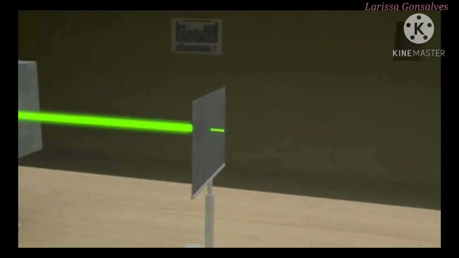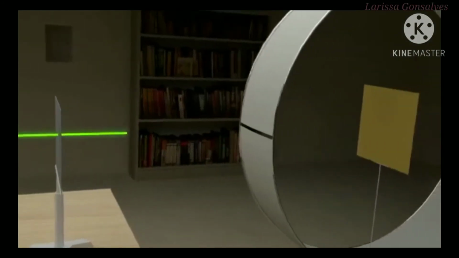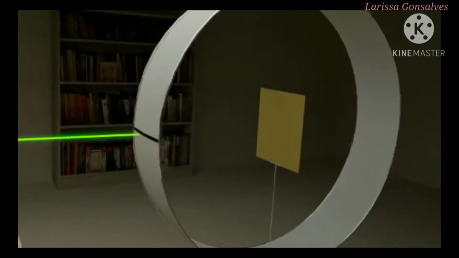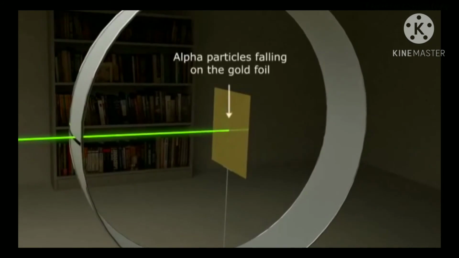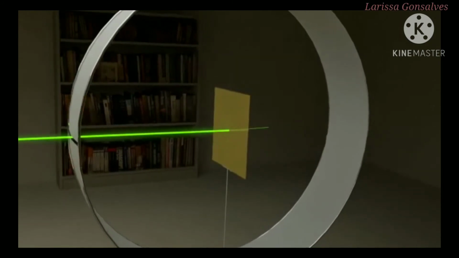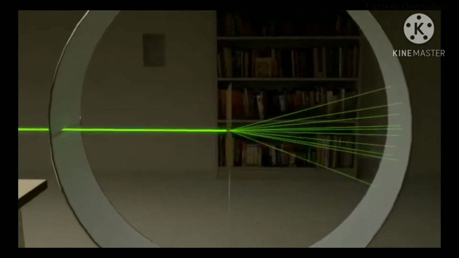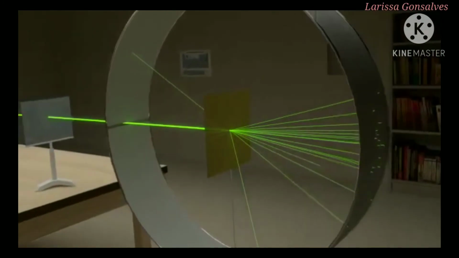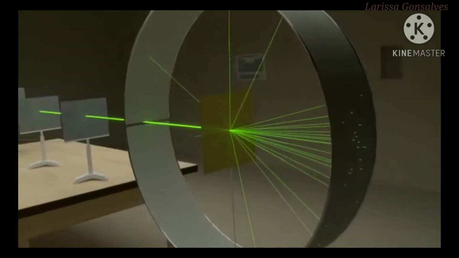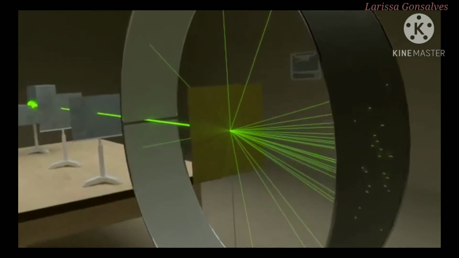They pass through the lead plate and then finally through the slit in the detection screen, and then get bombarded on the gold foil. Now, when this experiment was carried out, it was observed that the alpha particles scattered in different directions, and also some particles were getting bounced back, as you can see here.